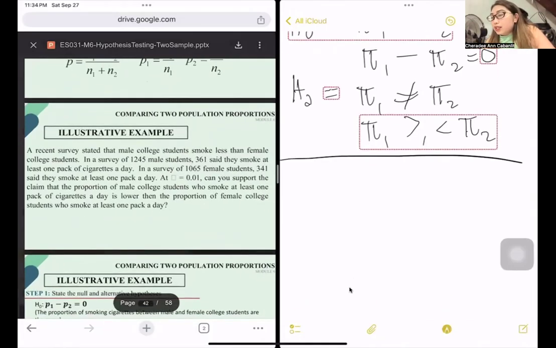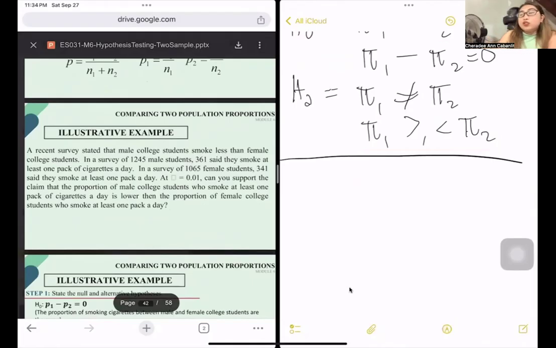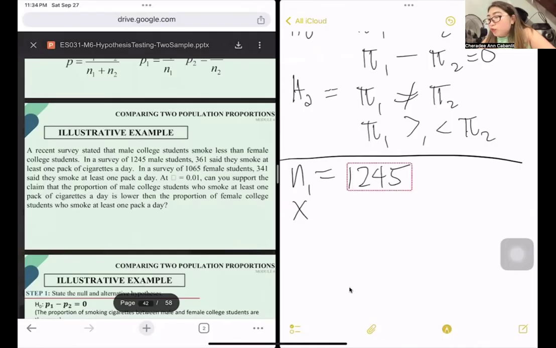In this case, a recent survey stated that male college students smoke less than female college students. In a survey of 1,245 male students, so there are two populations, male and female. If male is the first population, n1 is 1,245, and 361 of them smoke at least one pack of cigarettes per day.